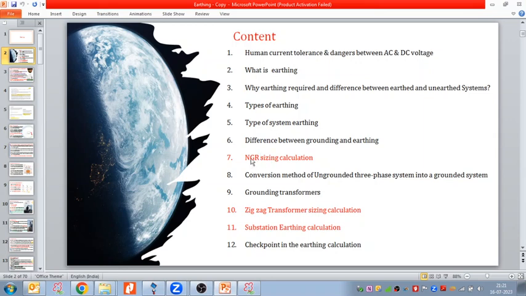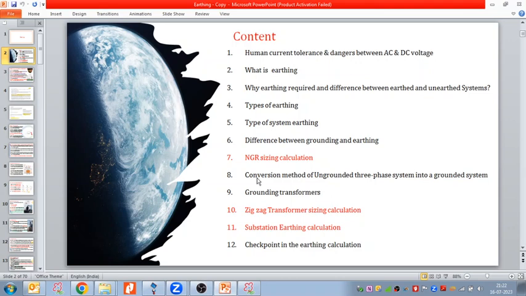That we will discuss, and then if in case we don't have the neutral, we don't have the star point for the grounding, how we can convert an ungrounded system, or a system that doesn't have a grounding point, into a grounding system. About that we will discuss, and then we will discuss the grounding transformer, which is a bit different from the normal power transformer that we use.